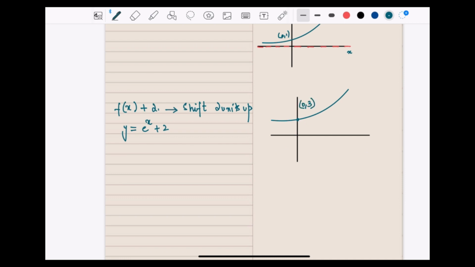And the asymptote line, which was at y equals 0, moving 2 units up, will reach y equals 2. So this is y equals 2, the asymptote line. It is lying above that.